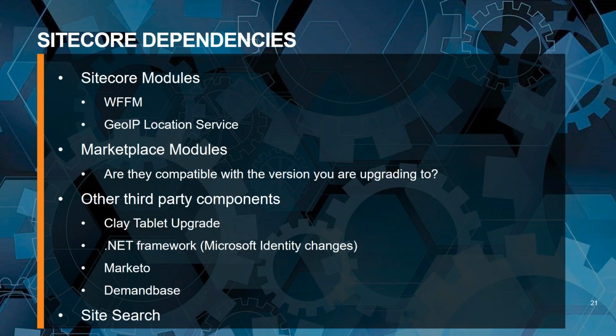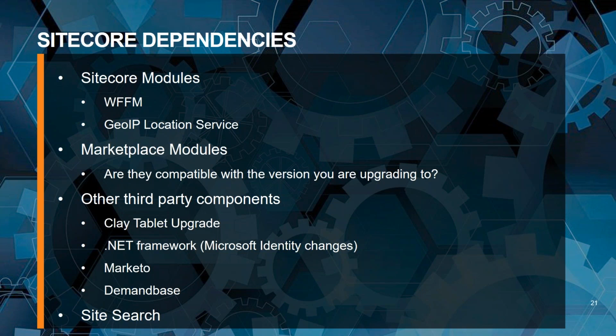And from our past experience, we have noticed one big pain point for the upgrades is related to the Sitecore modules we use in this website, and the marketplace modules or other third-party components that we use in the website.